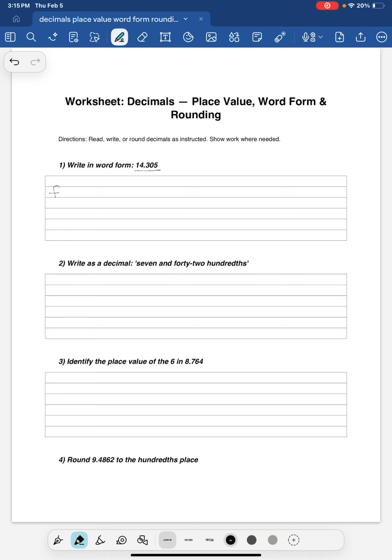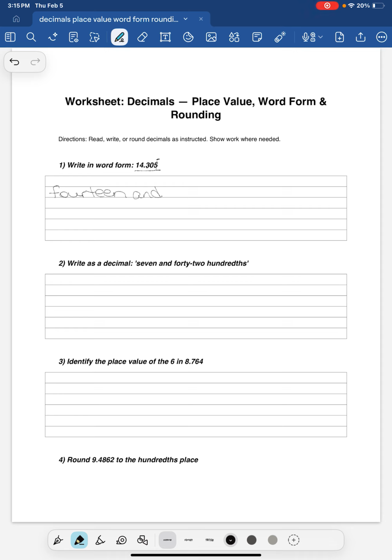So, 14 we got. If you were going to write this, it would be 14. But instead of dot, you actually would say "and." It talks about this in your module. 14 and, and you have to look at how many places there are. This goes tenths, hundredths, thousandths.